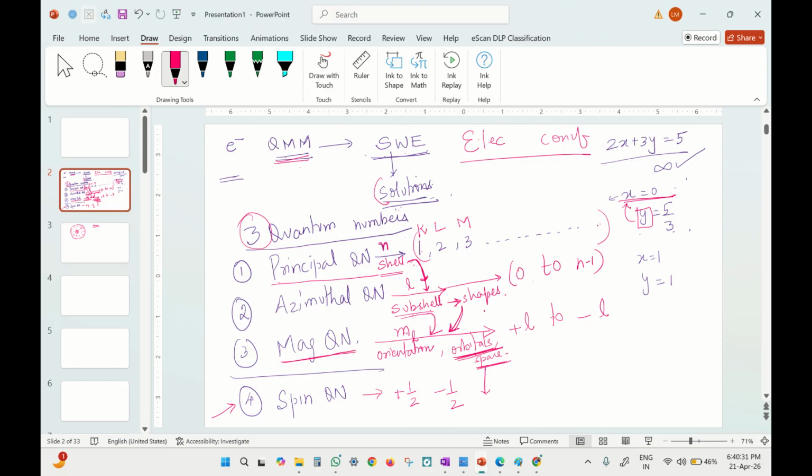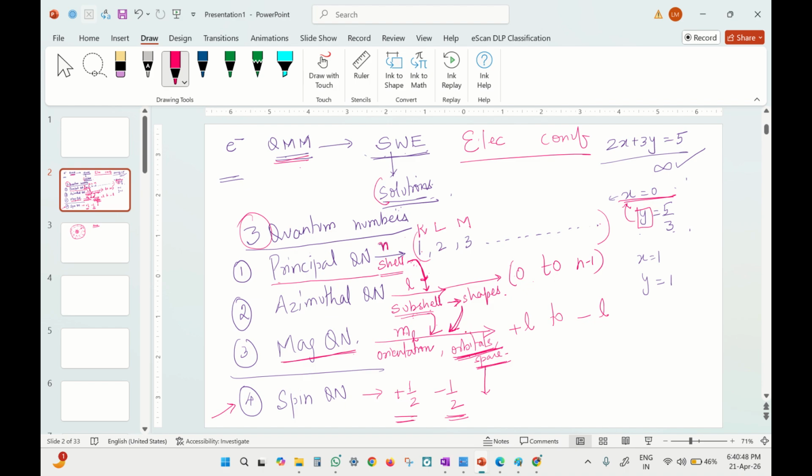Now, to distinguish one electron from the other, we are assigning the spin to it. Assigning means we are giving it. It's not a result of the quantum mechanical model. So the 2 electrons present in a single orbital must be distinguished.